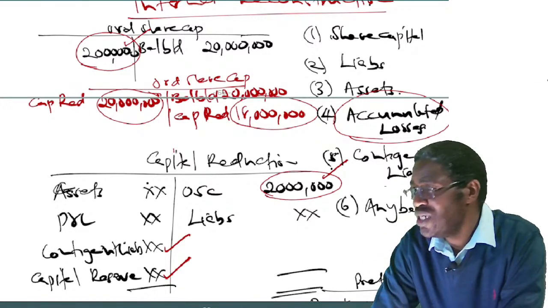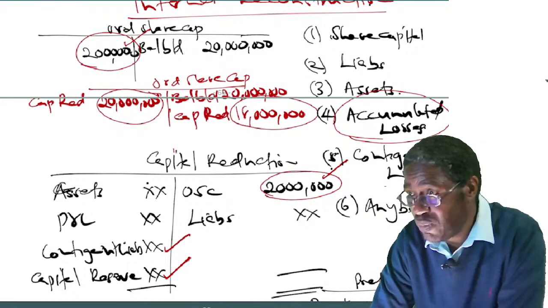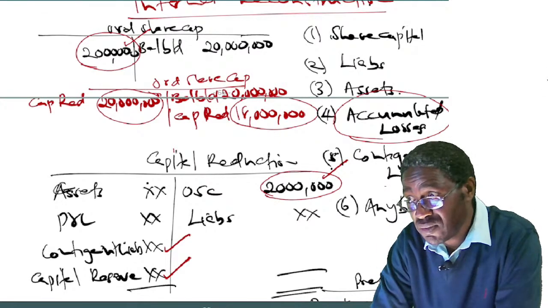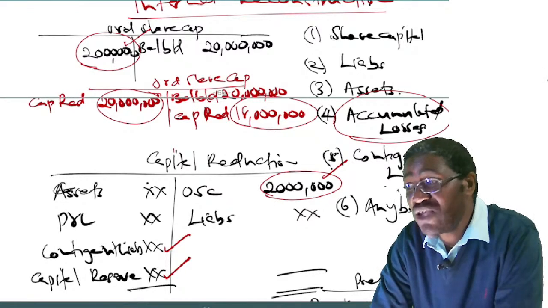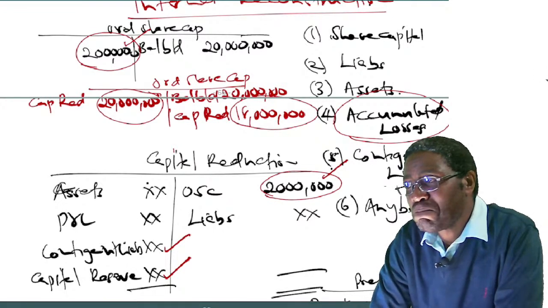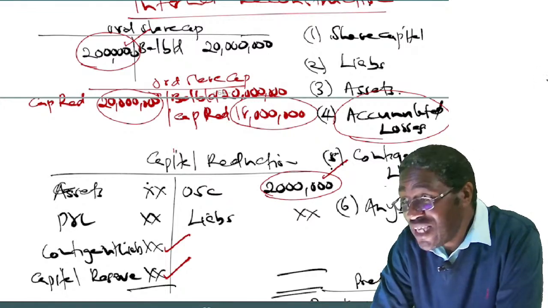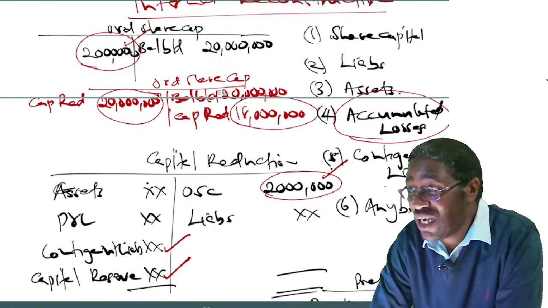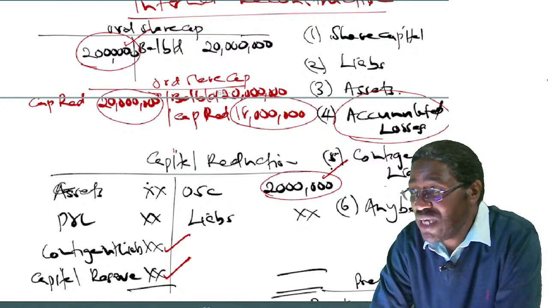Is that a gain to the company or a loss to the company? Chat and tell me whether you think it's a gain or you think it's a loss. In your chat, put there, I see.